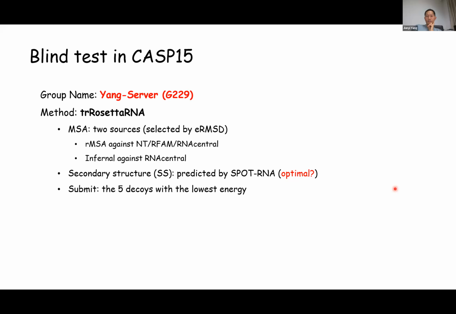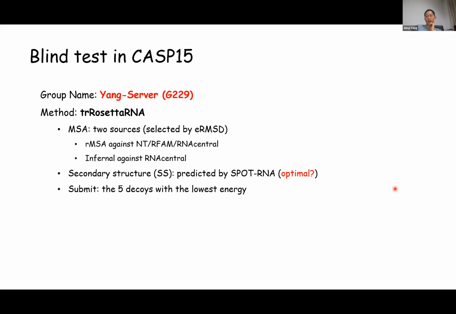In fact, there are a few RNA alignment tools published, but the problem is they are very, very slow. They take a very long time to search the huge database. But unfortunately, after you spend days to complete the search, you end up with alignments that are not necessarily better than the fast search.